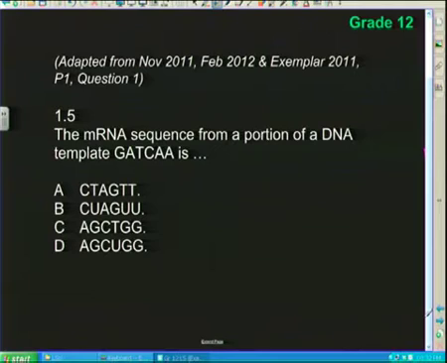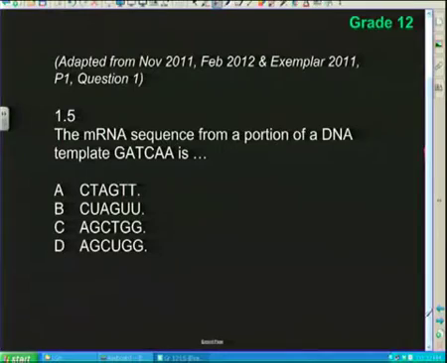Okay, the next question. You're going to see again, very important, as I said to you, have at the top of your paper what proteins do I find in my RNA and what do I find in my DNA, the nitrogenous bases. Now, the next question, the mRNA.